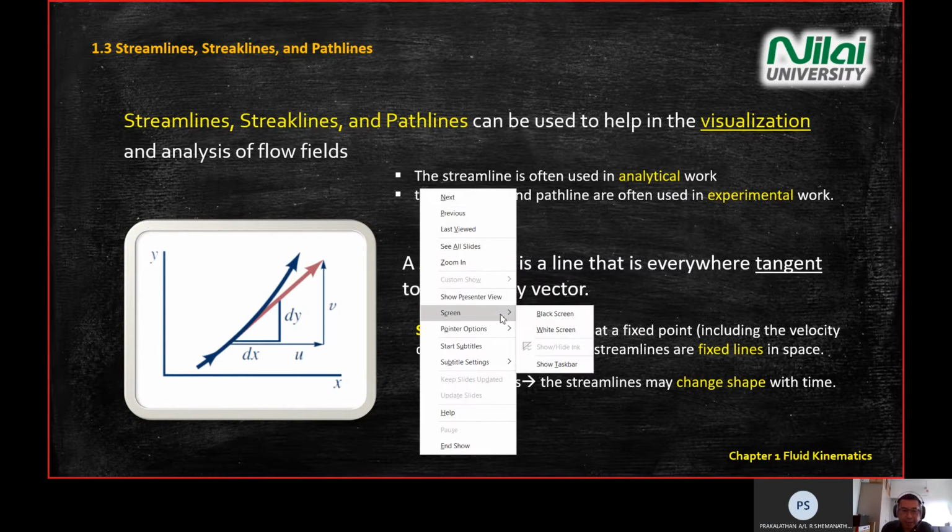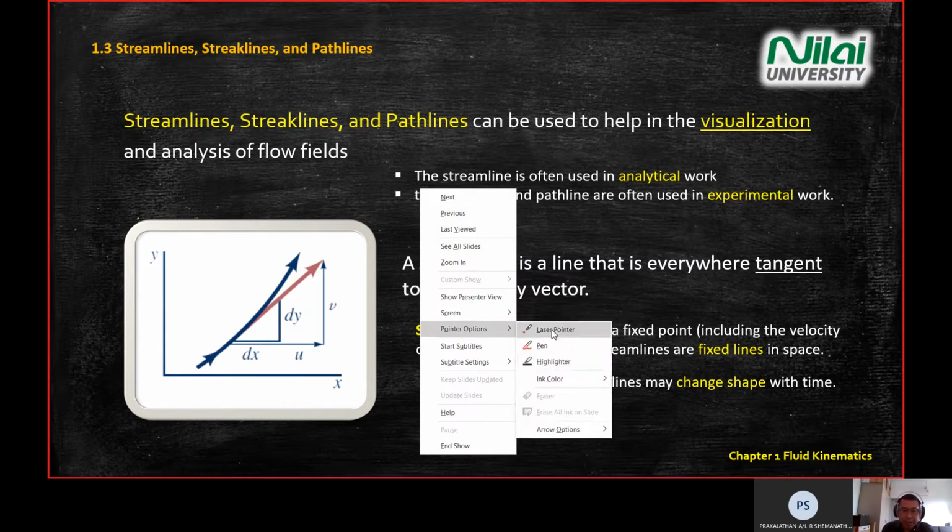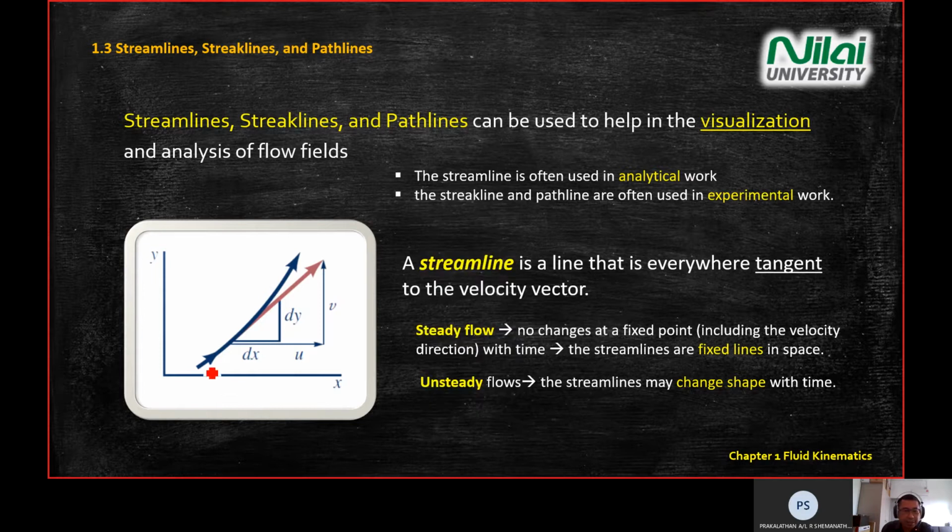So what do I mean by this blue color? The blue color actually consists of many tiny points, many small points that make up this line. The definition of streamline says that it's a line that is everywhere tangent to the velocity vector.